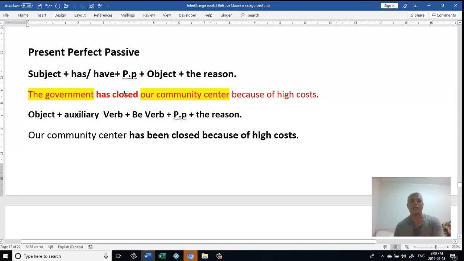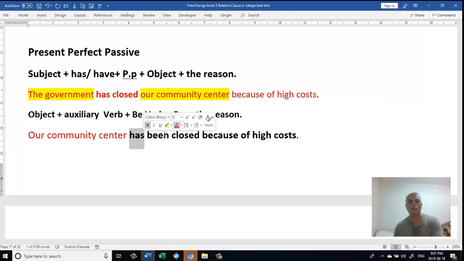Then because here I have has closed, then I have to add be plus past participle. Then we're gonna do it like this: object, auxiliary verb, we have has here, then be verb plus past participle, then we have the reason. We say our community center has, that's the actual auxiliary verb.